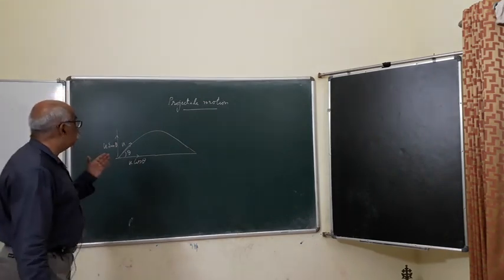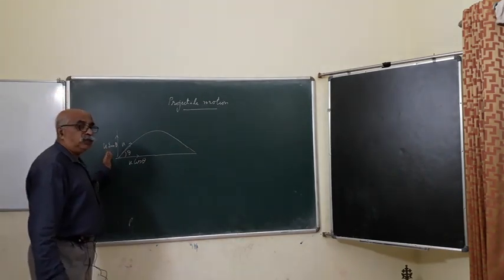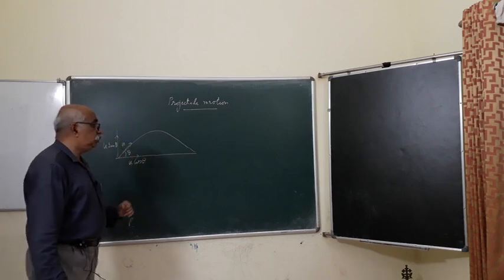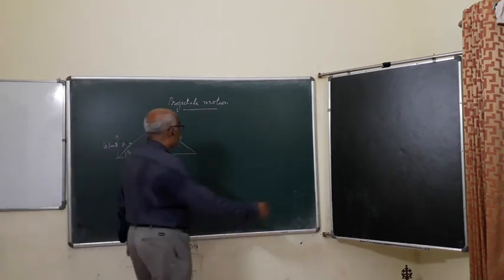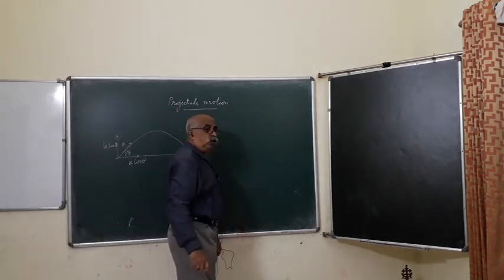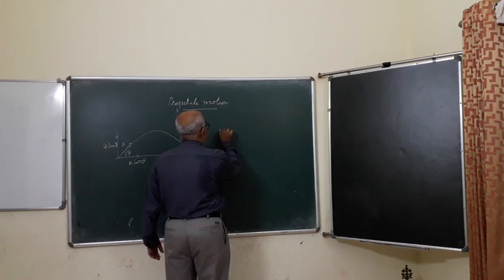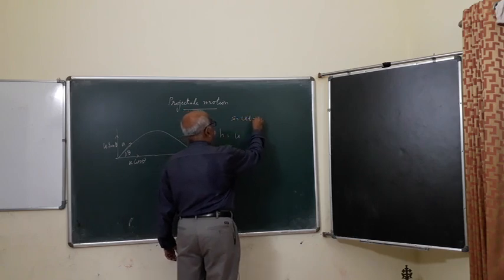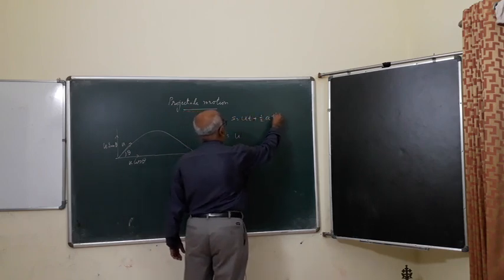Now let us consider the vertical direction, motion resolved into the vertical direction. That component is u sin theta. The acceleration experienced is always vertically downwards, minus g. Therefore, the equation for vertical motion: the general equation is s equals ut plus half at square.